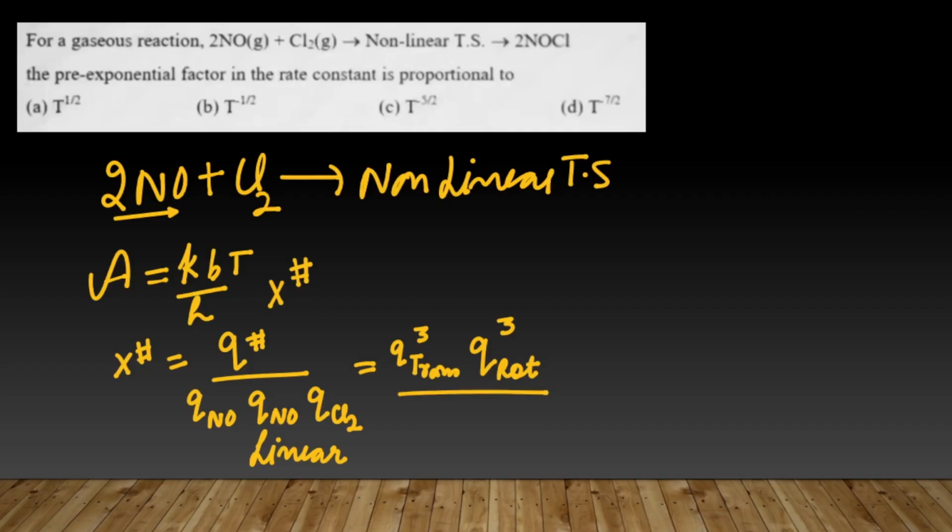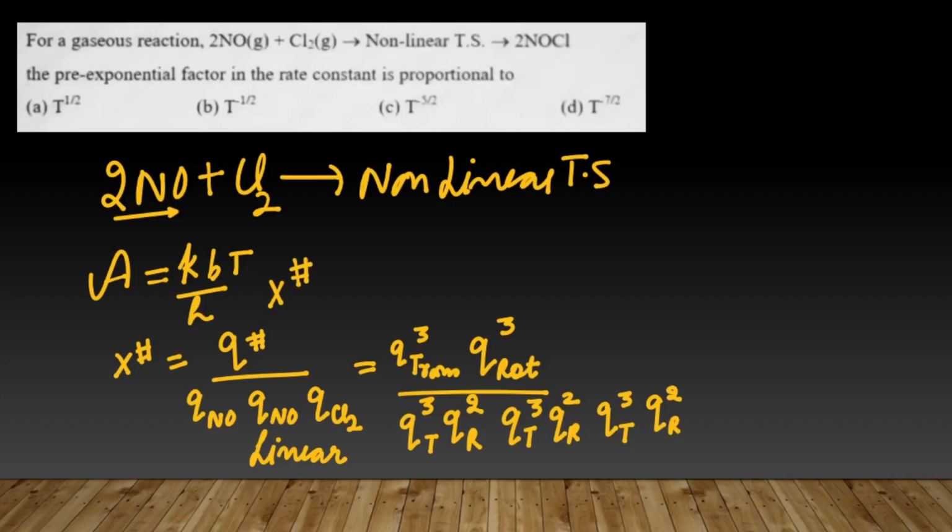Now for the linear molecules, for the NO we have the translational partition function raised to the power of 3, and for the rotation it will be 2. Similarly for the other NO, 3 translational and 2 rotational. For the Cl2, again the translational partition function raised to the power of 3 and the rotational raised to the power of 2.